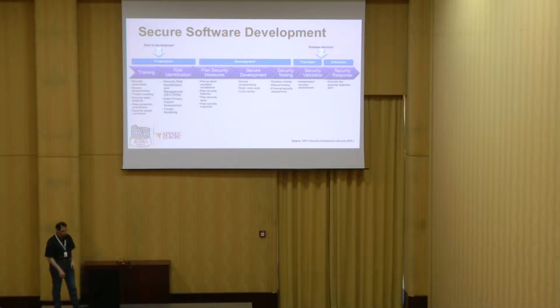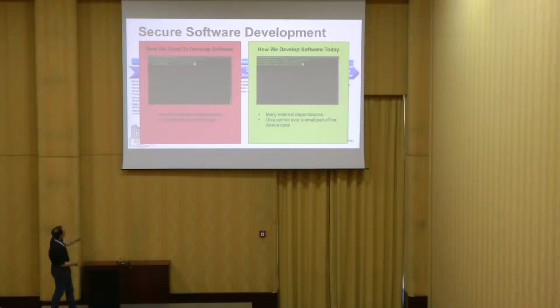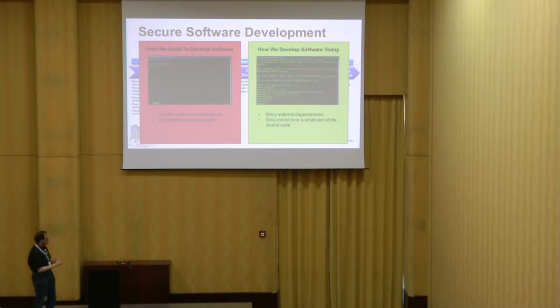So what is actually the problem? Let's look at how we developed software in the past and how we are doing it today. The left side from your perspective illustrates how we developed software. A few years ago, we opened our text editor. We started to write our small Hello World program in C. And the only thing that we have included there is the standard I/O.